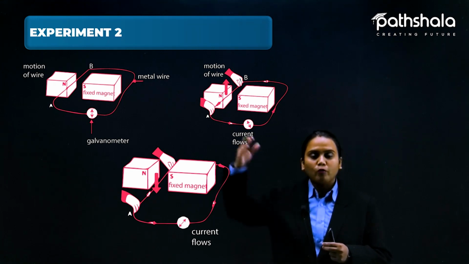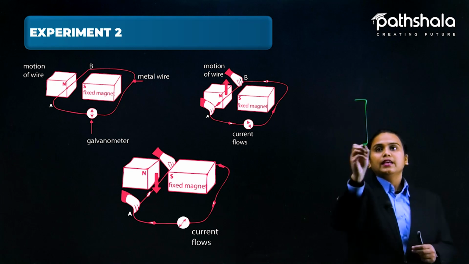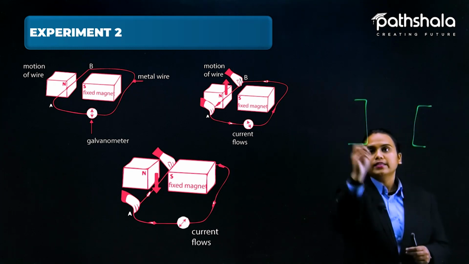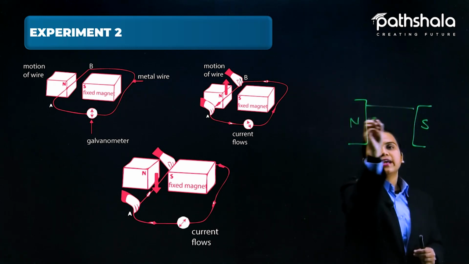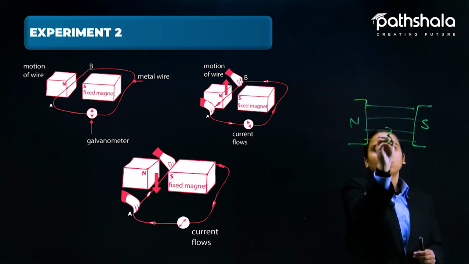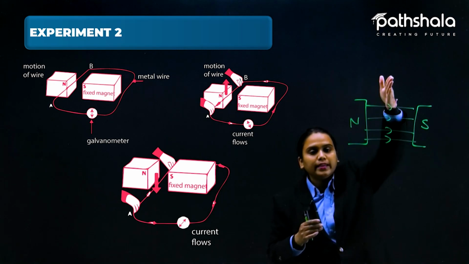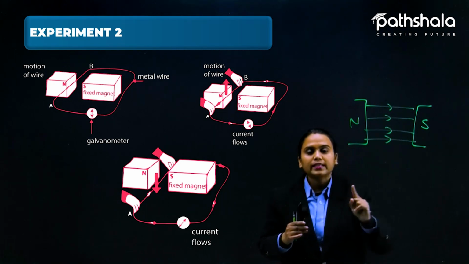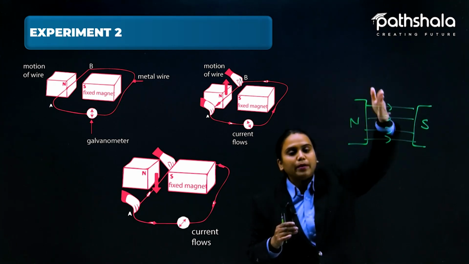So the wire is moving here in the perpendicular direction, and as you can see, here are the magnets, one north pole and one south pole. So magnetic field lines must be going like this, north to south pole. And if a wire is cutting it in this perpendicular direction, we can say that this wire is cutting the flux in the perpendicular direction.